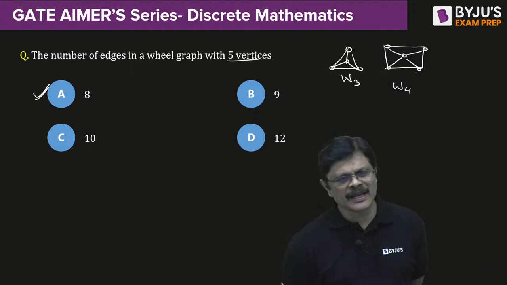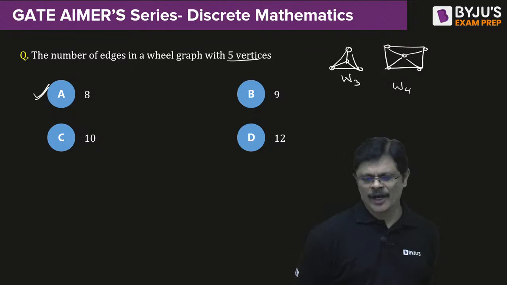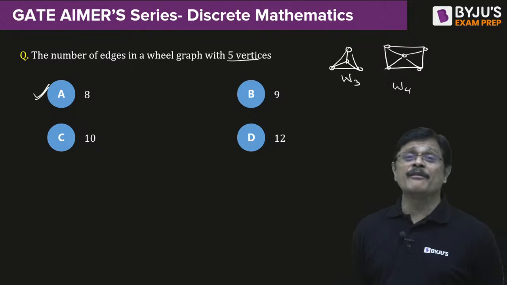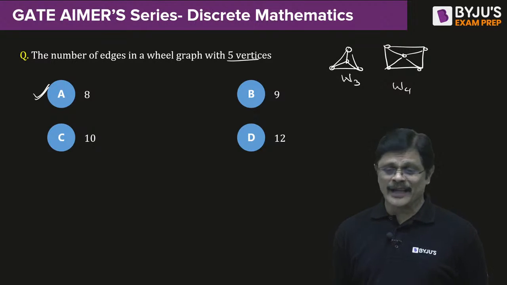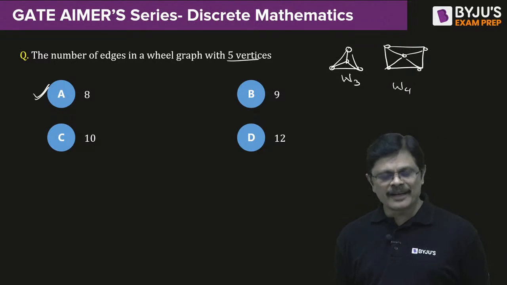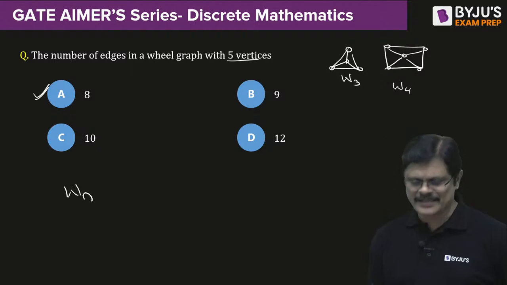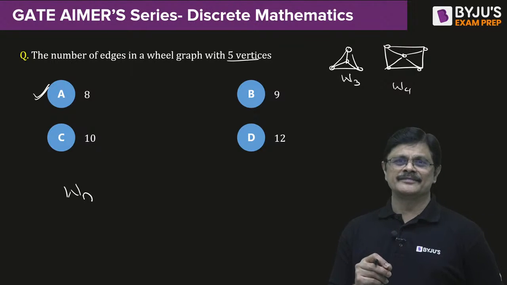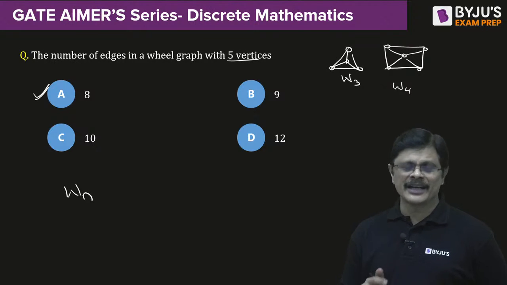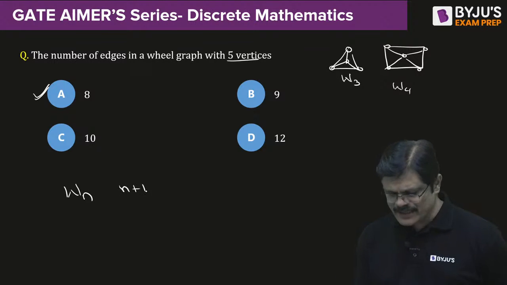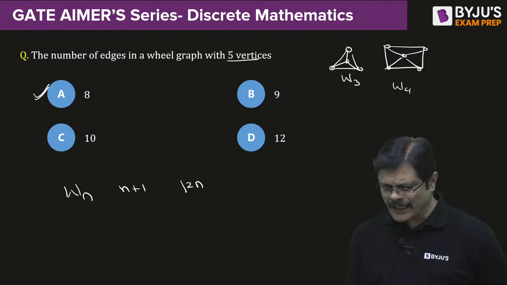Not option B, option A. 5 vertices means that is W4. See, for a wheel graph the story goes like this. If it is a wheel graph, Wn you represent it. It will have n plus 1 vertices and it will have 2n edges, my dear friends.